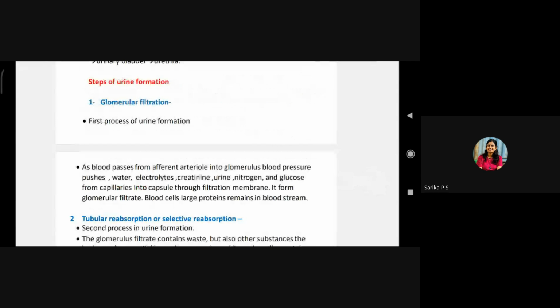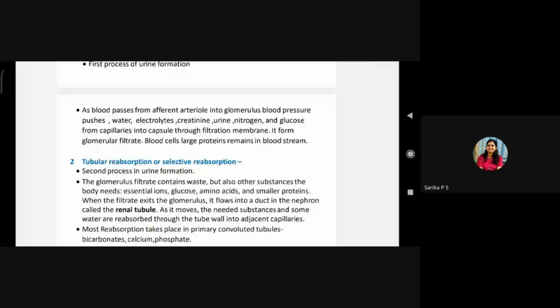Now, what are the steps of urine formation? How is urine getting formed? First process of urine formation, as blood passes from different arterioles into glomerulus. As blood is passing from afferent arteriole into glomerulus, blood pressure pushes water, electrolytes, creatinine, urea, nitrogen, and glucose from capillaries into capsule through filtration membrane.